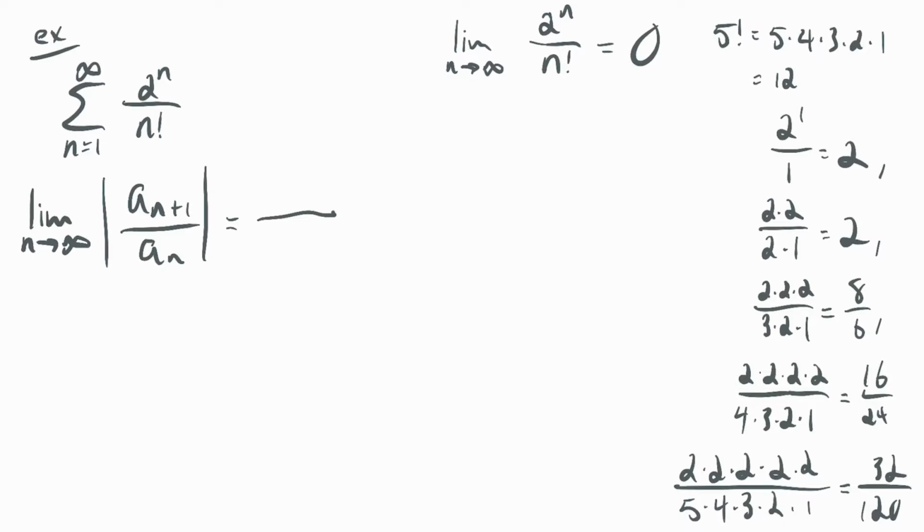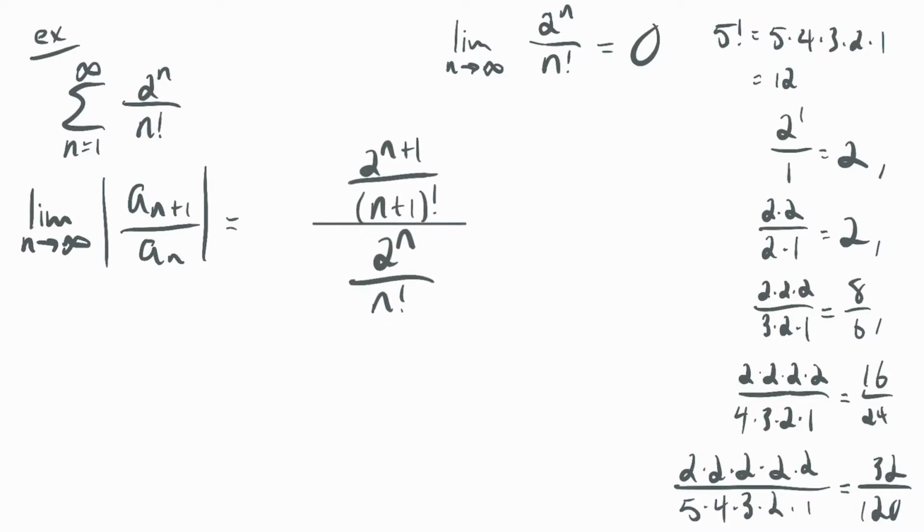So big fraction. So 2 to the n plus 1 over n plus 1 factorial over 2 to the n over n factorial. Now, oops. Kind of important. The limit is n goes to infinity.